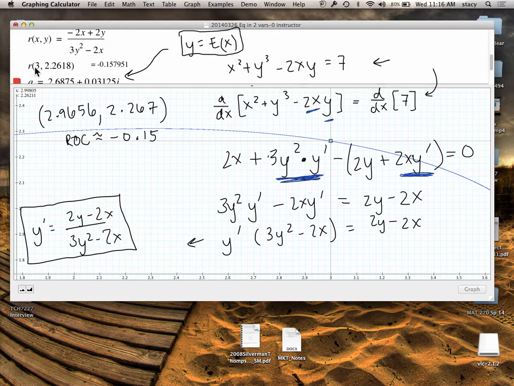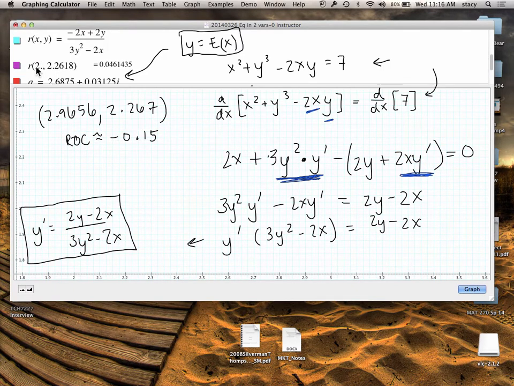So if I type in that the x value is 2.9656, and then the y value was 2.267, notice that the rate of change there is negative 0.147. It's practically negative 0.15. So we did a darn good job of approximating, okay?